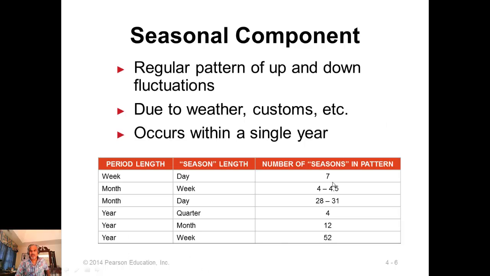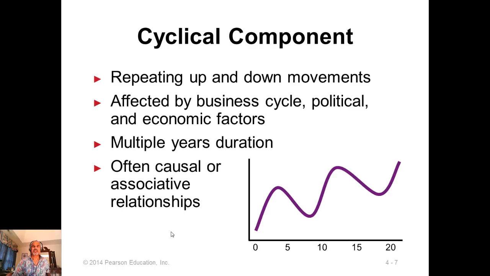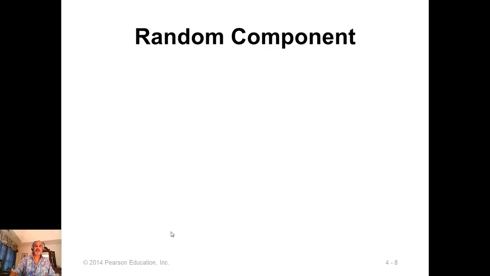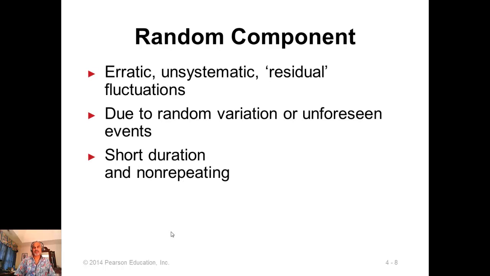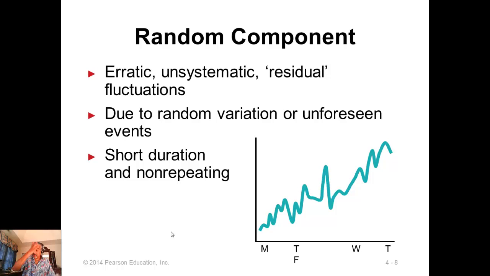So in the first case there are 7 seasons. In the last case there are 52 seasons. Cyclical component is repeating ups and down movement caused by business cycle, political economic considerations, factors, and so on. Random component is the residual fluctuations due to randomness that we cannot foresee.